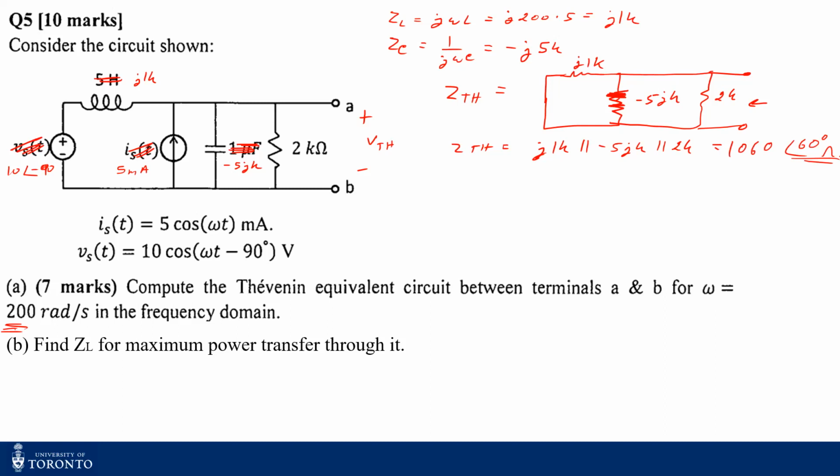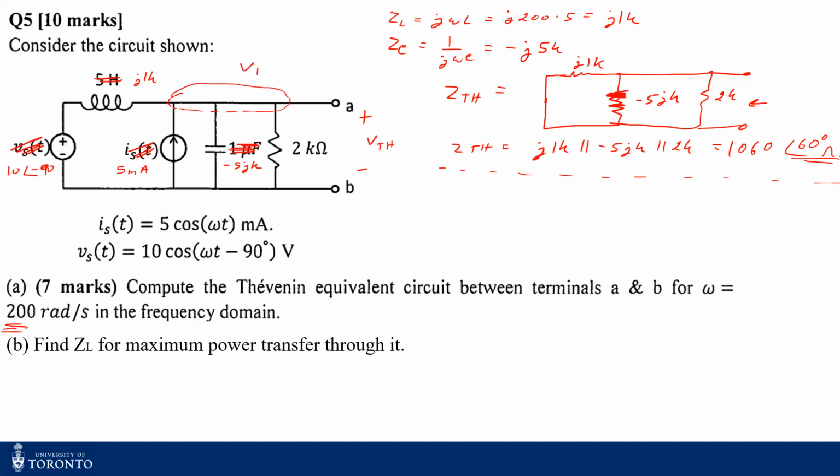For V Thevenin, I'm considering this circuit, so I can apply mesh or nodal, but in this case I can just use nodal to simplify, because if I consider this to be one node, I just have to compute for one node.